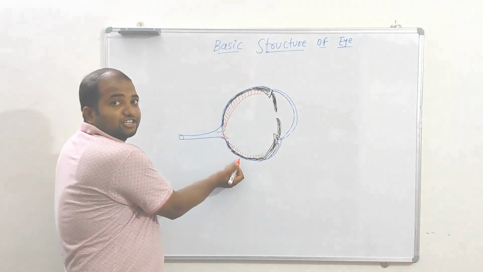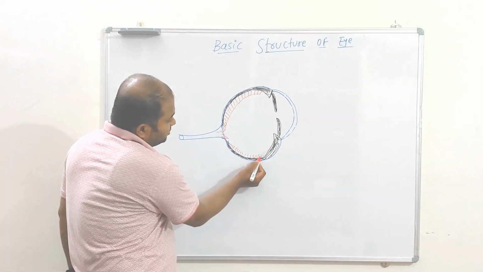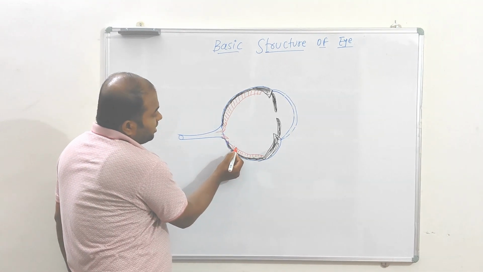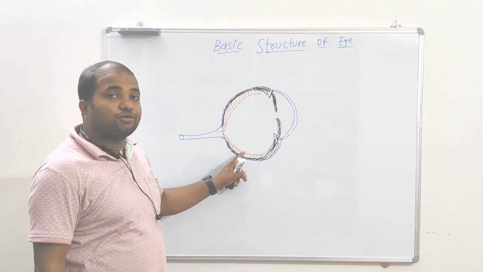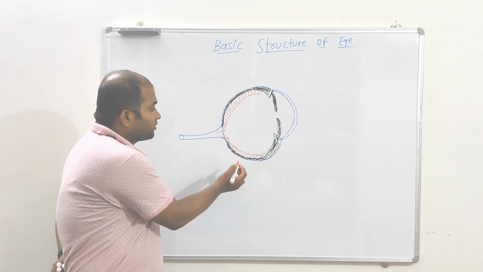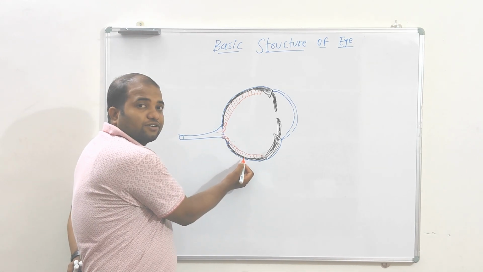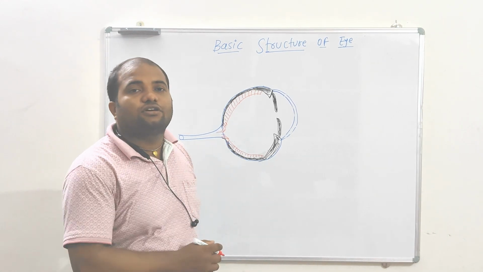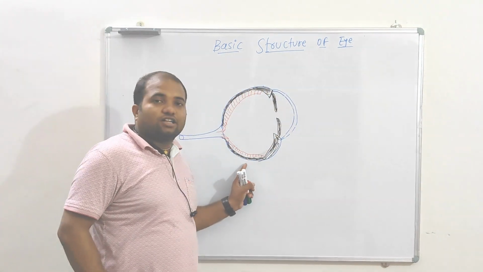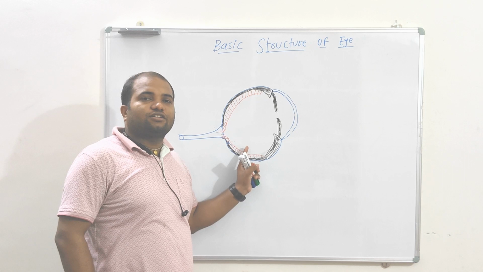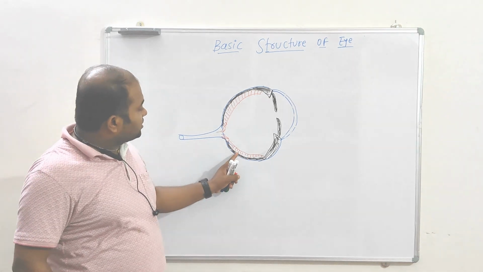This inner layer is called the retina, right? I will tell you in more detail when I talk about the retina, but as of now understand this concept: the retina is made up of two groups of cells, epithelial cells and neurosensory cells. So I will divide this retina into two parts.